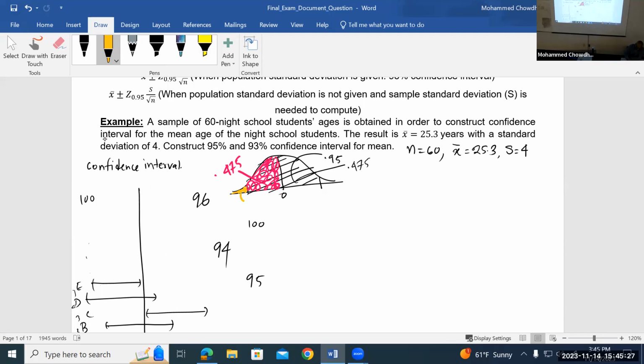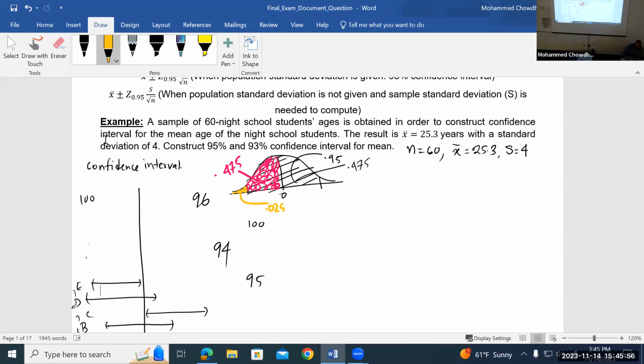Zero point five. Fantastic. Good, right? Normal distribution and T distribution are always symmetric. 50% is on the left side of zero, 50% is on the right side of zero. Do you understand?